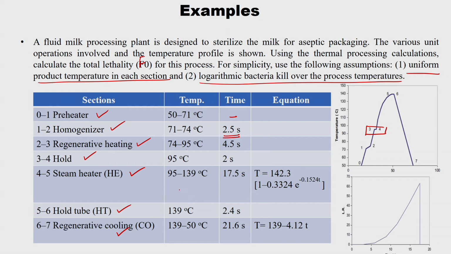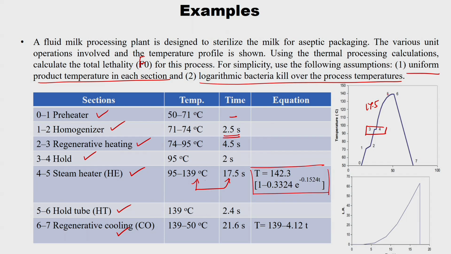Then it goes to the steam heater, 95 to 139, and it spends 17.5 seconds. Remember the temperature versus time relation is given because it is not done in one go from 95 to 139. The temperature follows this equation: T equal to 142.3 into (1 minus 0.3324 e power minus 0.1524 t).